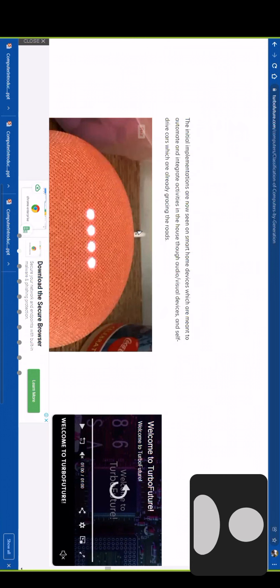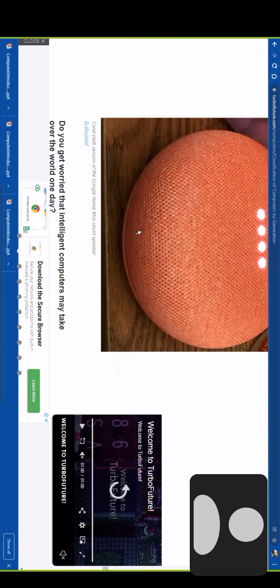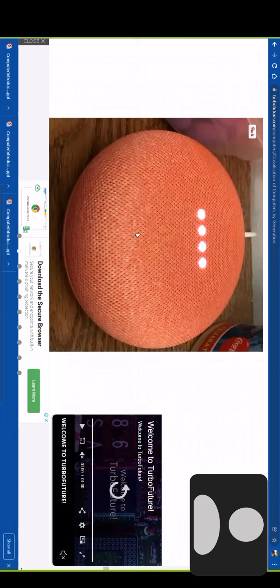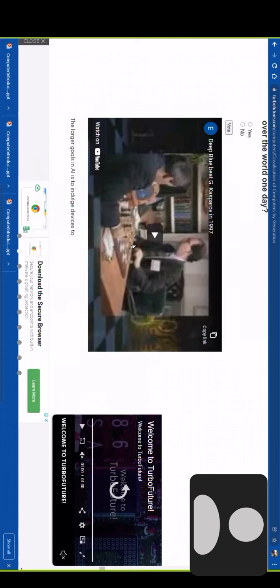So these are the examples in front of you. That is the Coral read version of the Google smart speaker example, and Alexa is there. The larger goal in AI is to induce devices to understand natural language.